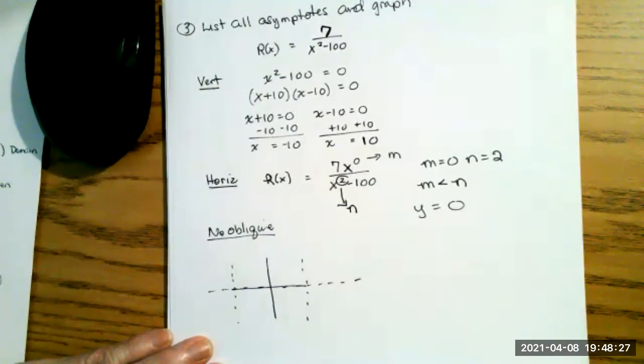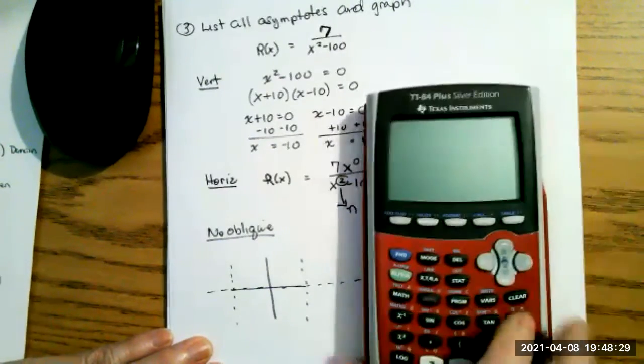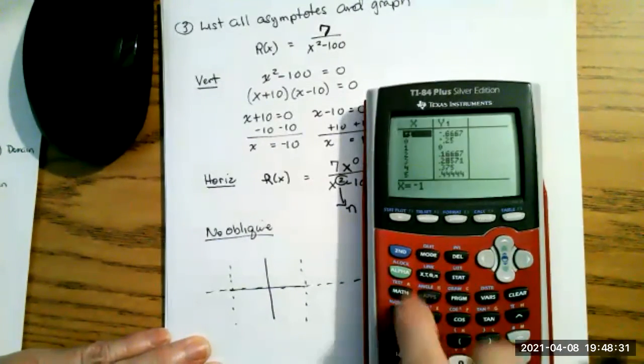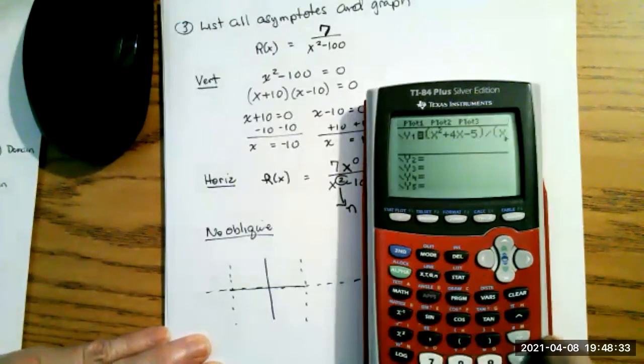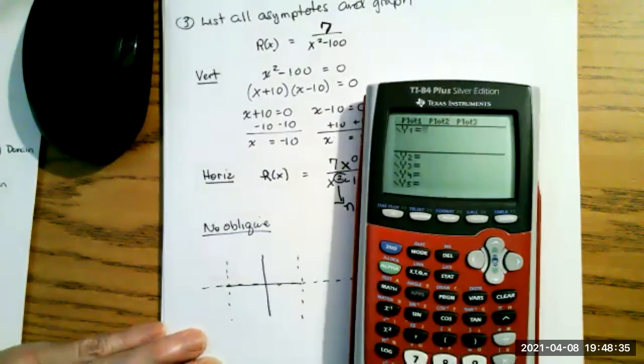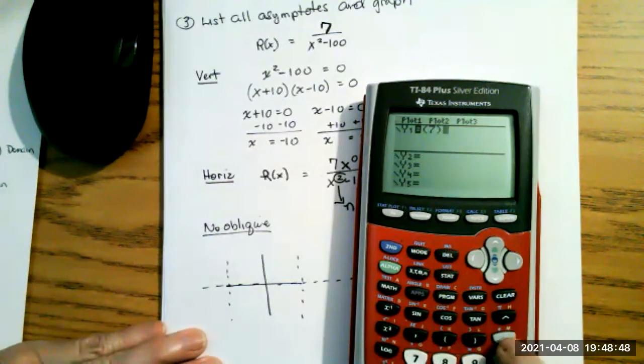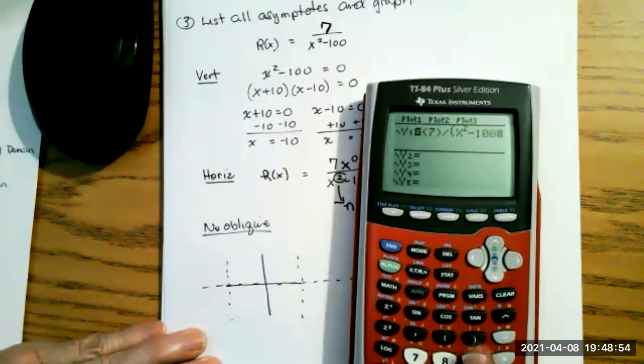This is an interesting graph. Let's see what it looks like. This one has 7. I'm going to put my 7 in parentheses just because I like to always follow that rule about putting the top in the parentheses. Then I'm going to say divided by, that'll put my slash in between there, x squared minus 100.